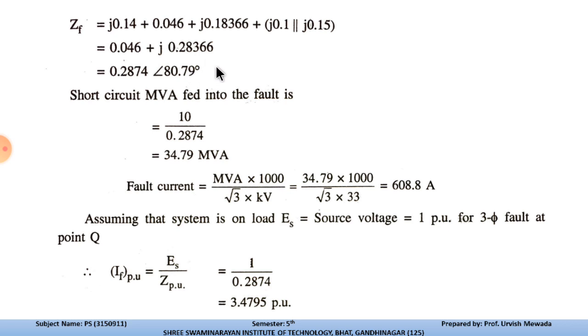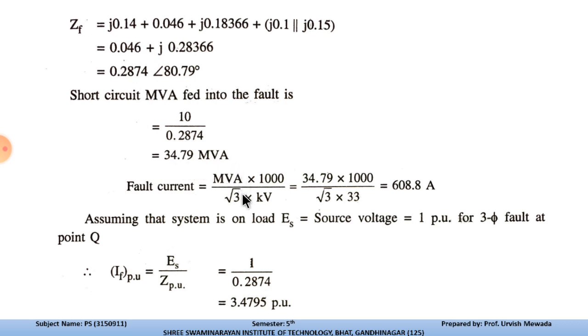Now from that, the short circuit MVA fed into the fault is the selected base MVA divided by ZF, that is 0.2874. So the total MVA where the fault takes place at point Q is 34.79.